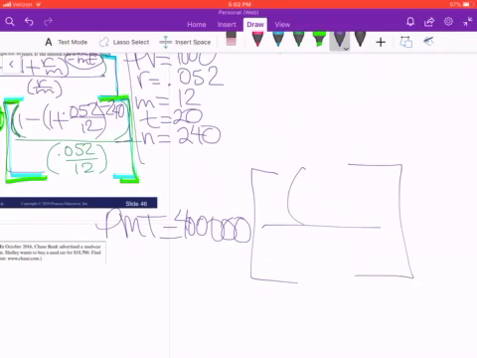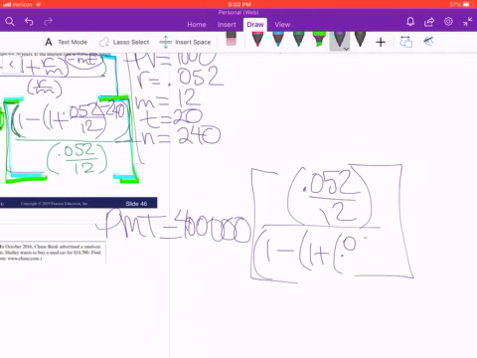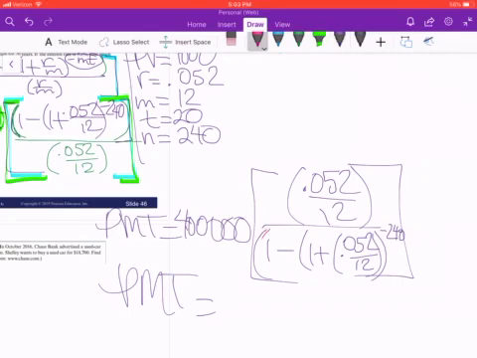So you will be dividing by the following. And if you enter everything correctly on the calculator, in fact, I'm missing a parenthesis here to enclose the denominator, you will be getting $2,684 and 22 cents.